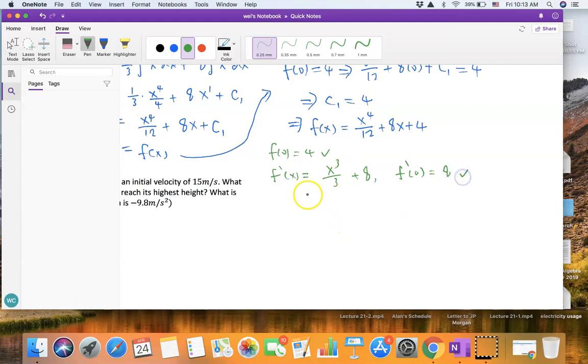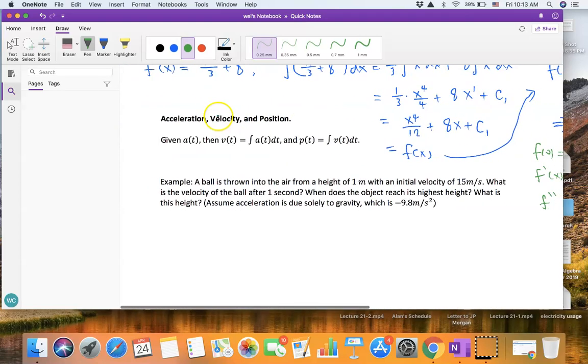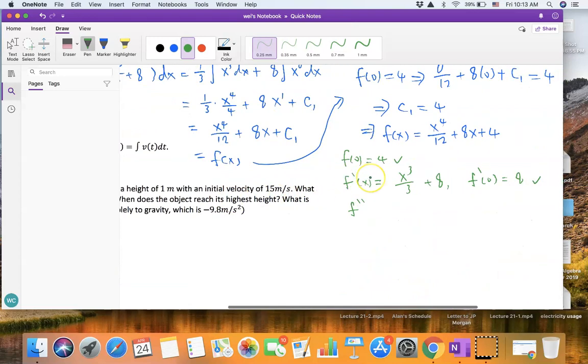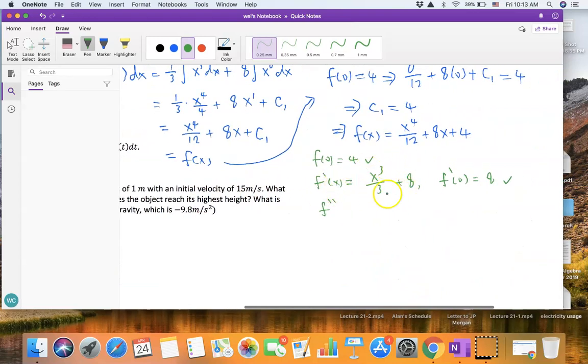And the third condition is the second derivative is x squared. If we take the derivative of this function, we get 3x squared over 3, which is x squared. Which shows that our answer is correct.